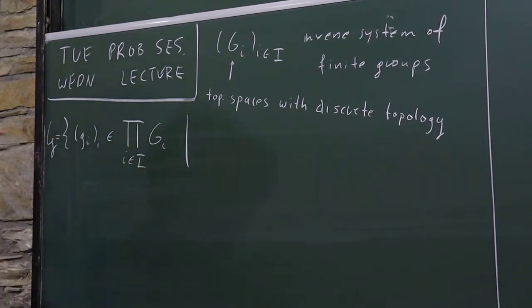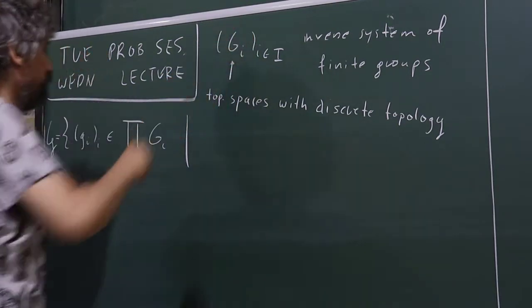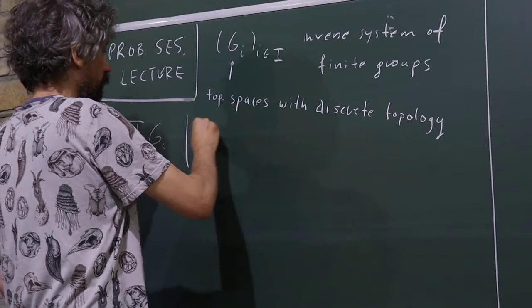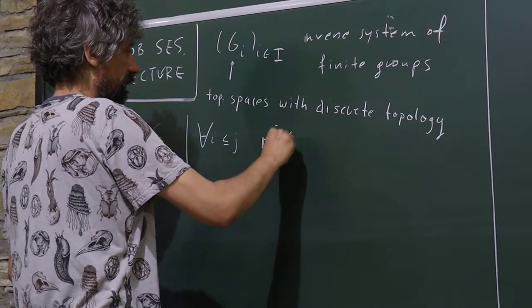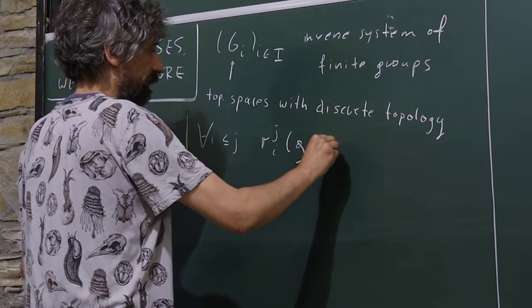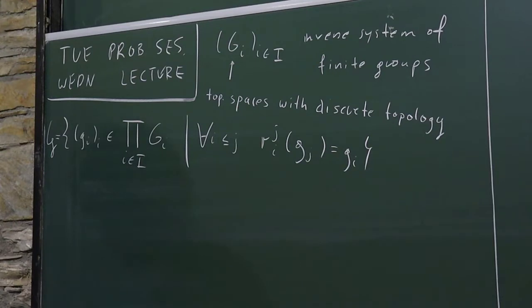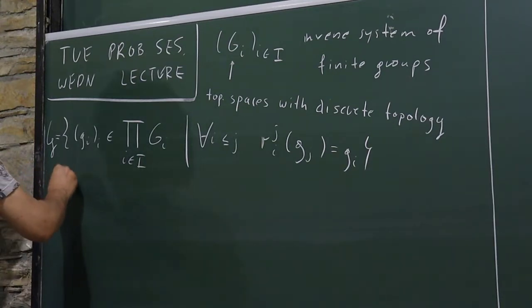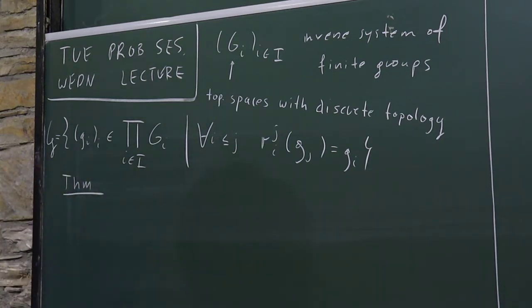Those were the sequences which agree with each other. So here there were also these maps R_ij, such that for all i smaller than j, R_ij maps g_j to g_i. And the theorem is that this is a closed subset in this product.